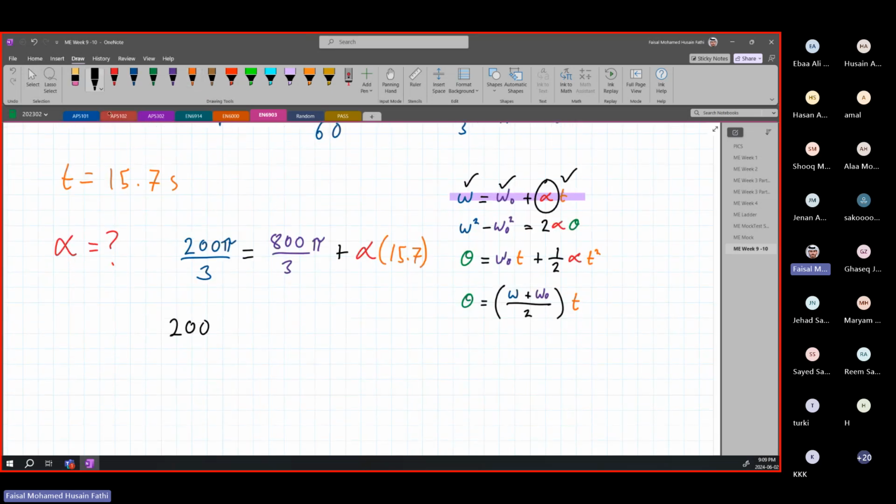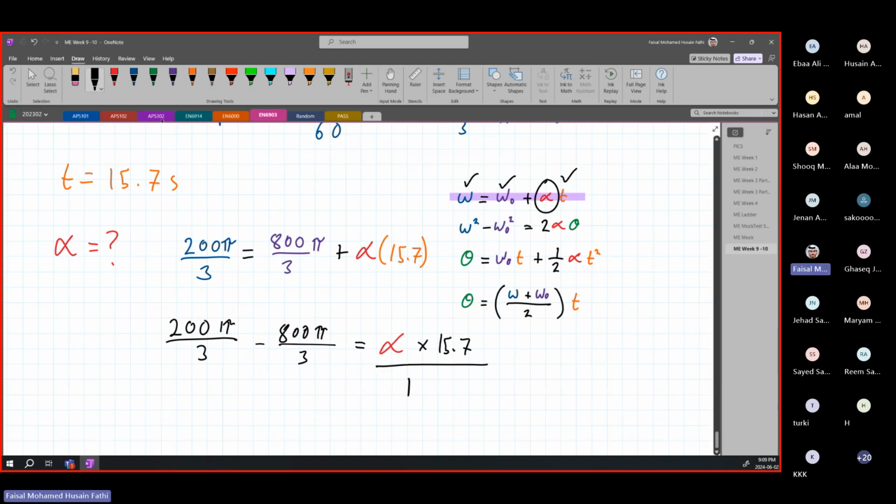So 200 pi over 3 minus 800 pi over 3 is equal to alpha times 15.7. So we're going to also divide both sides by 15.7, and we'll plug it all into the calculator. These will cancel.